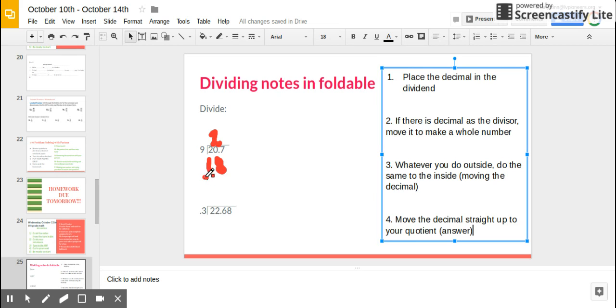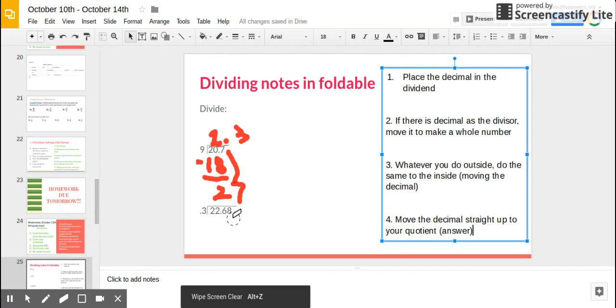Subtract: 20 minus 18 is 2. Put your decimal in your answer. Drop down your 7. 9 does go into 27 evenly, 3 times. And 27 minus 27 gives you 0. Make sure you have that copied down, 2.3, show your work.